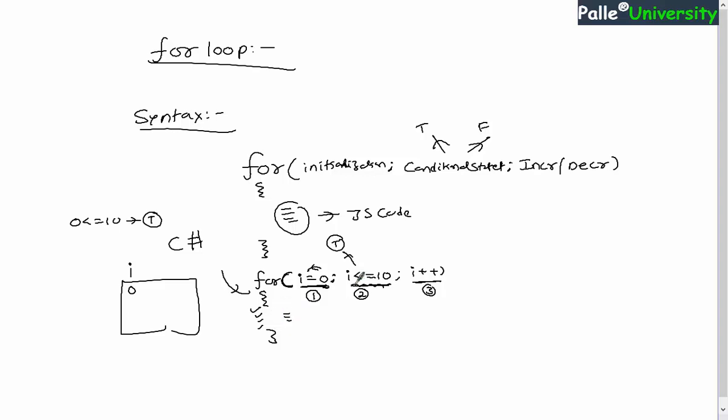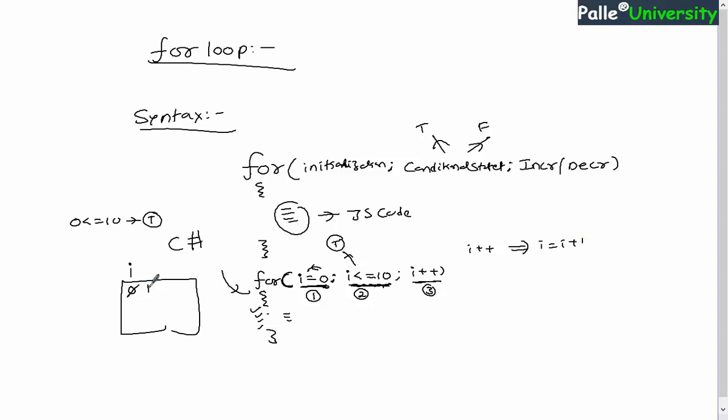After execution of the condition, if it gives true, execution will go into the body. After execution of the body, execution will come to the incrementation or decrementation. Now what is the meaning of i++? Remember, i++ technically means i = i + 1. So it means that the i value has to be incremented by 1.